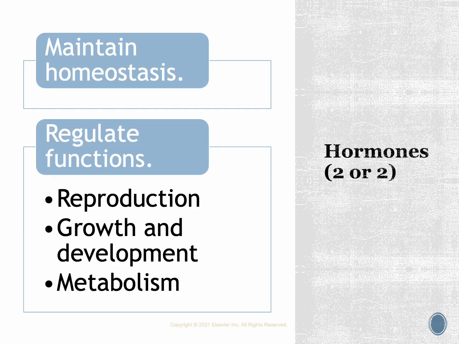As I mentioned, hormones do have a wide variety of actions. However, each hormone has a specific function at a specific location in our bodies. Collectively, their job is maintaining homeostasis in the body.